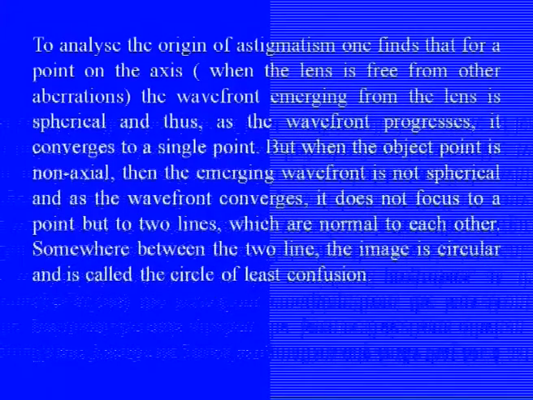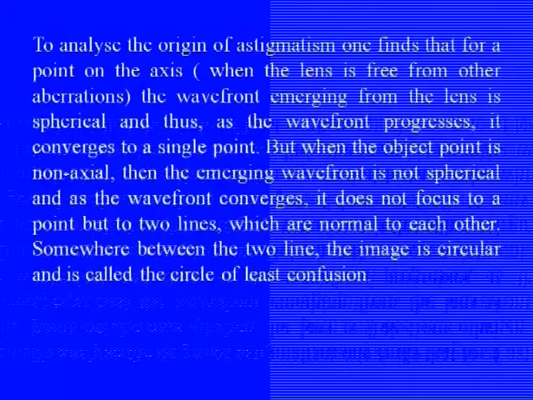Now, to analyze the origin of astigmatism, one finds that for a point on the axis, when the lens is free from other aberrations, the wave fronts emerging from the lens are spherical, and thus as the wave front progresses, it converges to a single point.